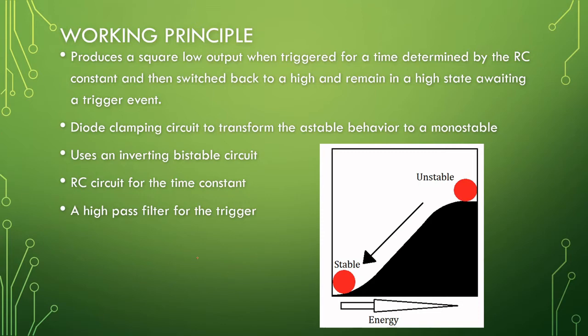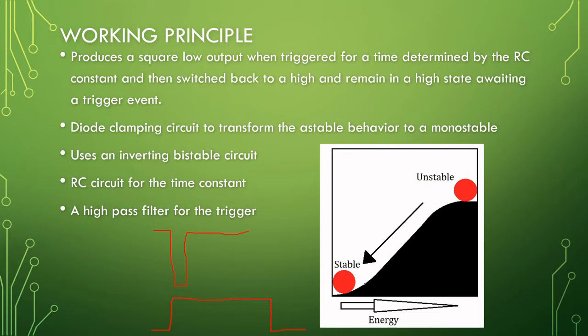As we know, it produces a square wave output on a trigger input. So we will insert a trigger and the output will happen for an extended period of time and then switch off. Basically we have a system with one stable state.